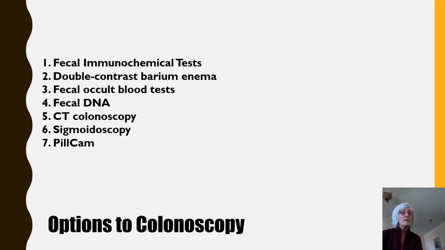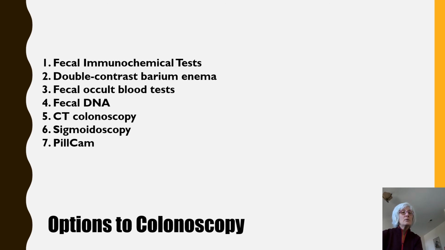So here are some options. As I said, there are some fecal immunochemical tests. So these are tests where there are specific metabolic products that can be tested for in the stool.